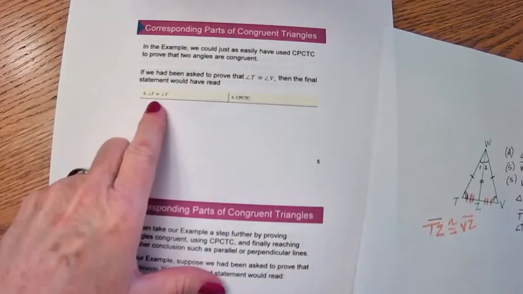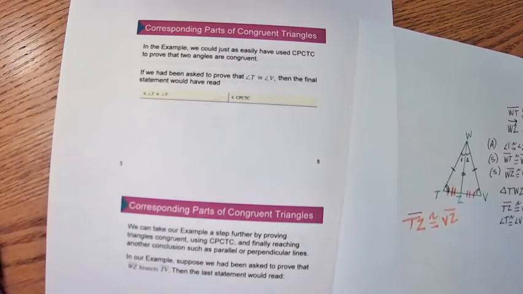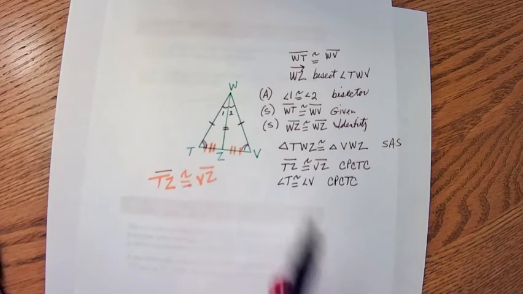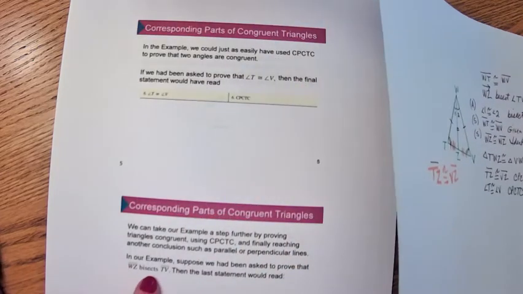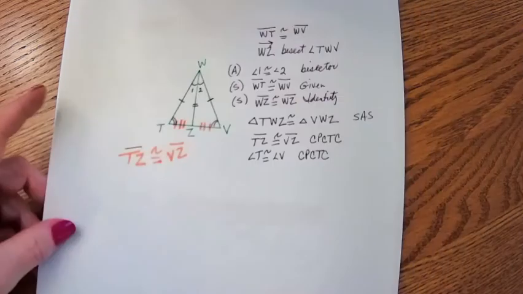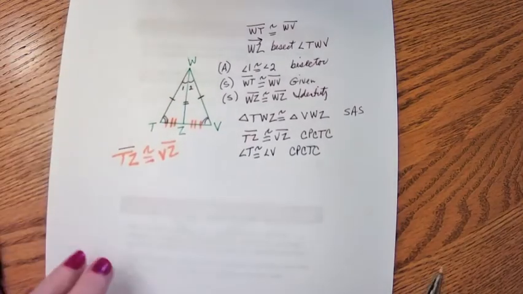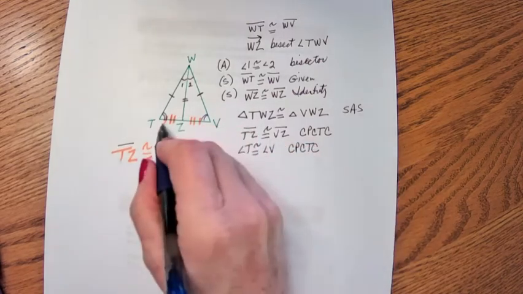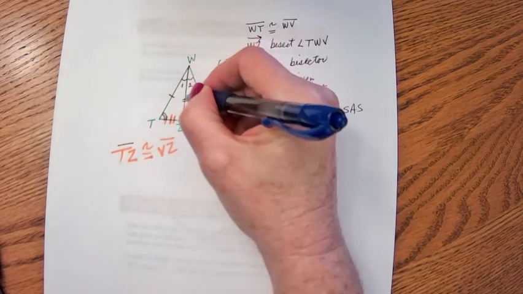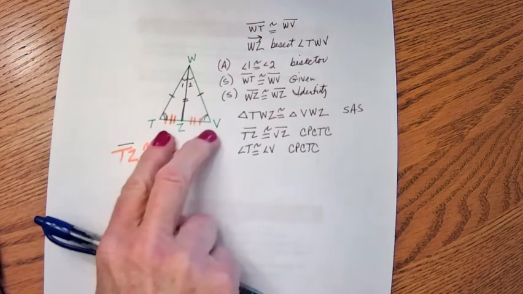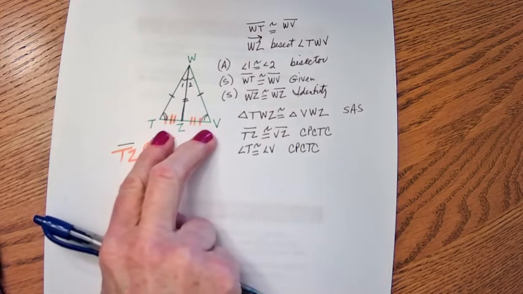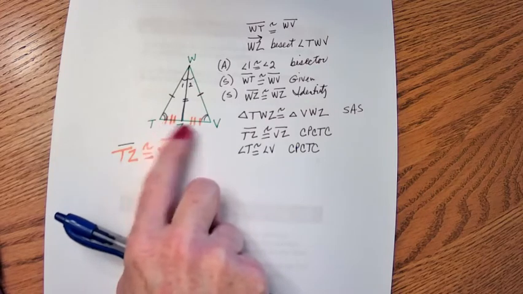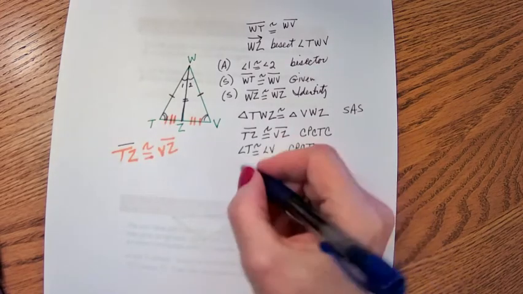Since we have proven that angle T is congruent with angle V, and that TZ is congruent with VZ, could we prove that WZ bisects this side? Yes, WZ did bisect that side because it broke that side into two congruent segments.